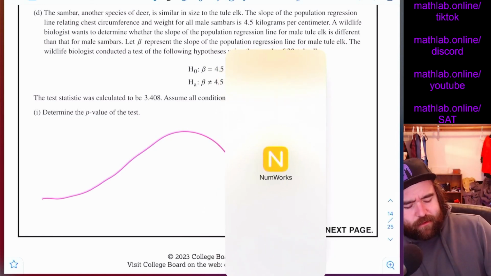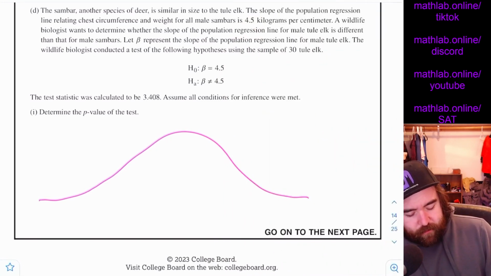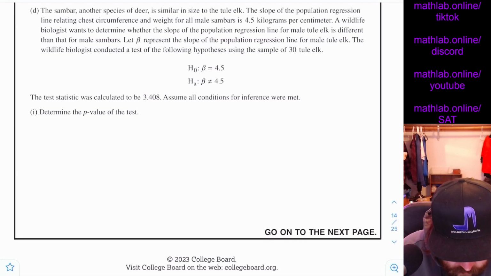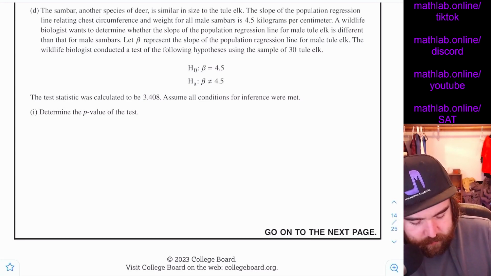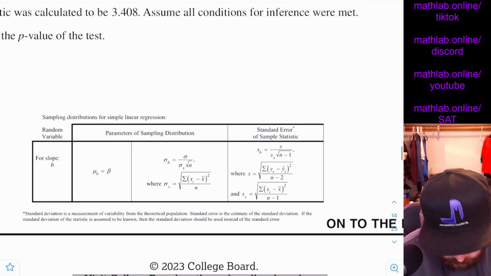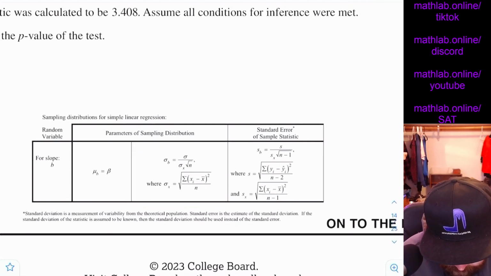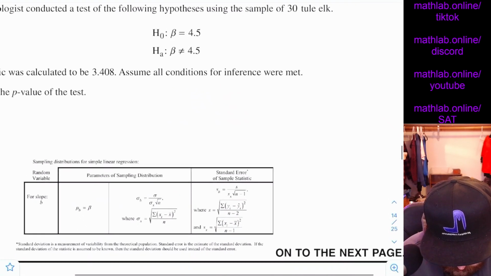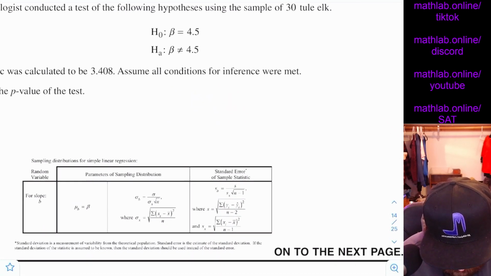Maybe we don't actually use the slope stuff here. Can we just do it as a 1 sample? Well, what are those formulas? I mean, this is just a 1 sample, but we're comparing it to 4.5.